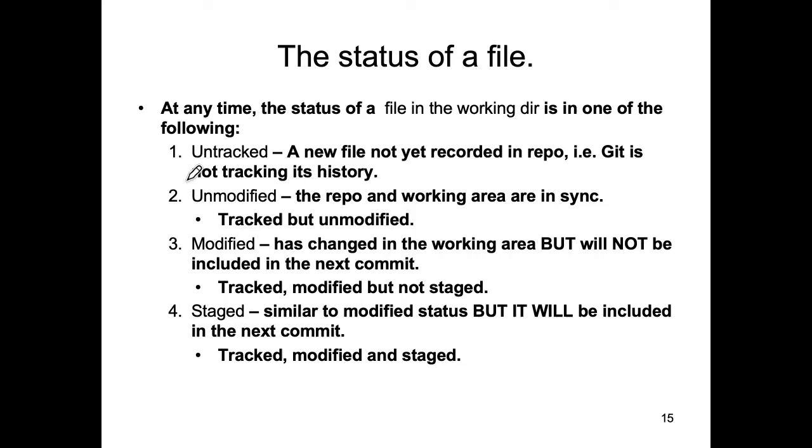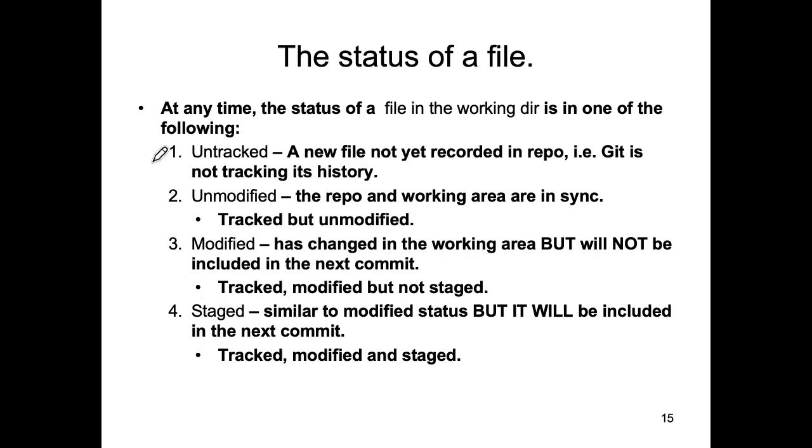So those are the different statuses that a particular file might be in from Git's perspective. This is really from a version control perspective, because Git always wants to know what is the status of each file in the working directory.